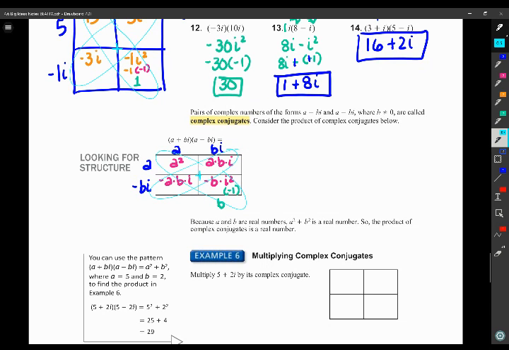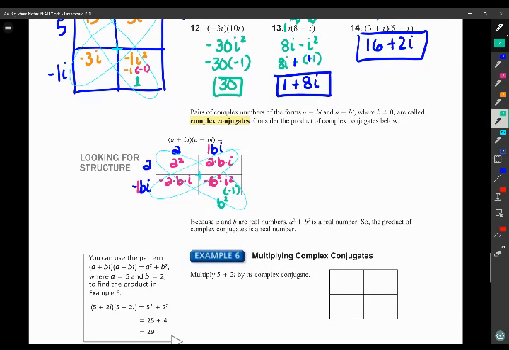I forgot to put a b squared here. So this is b squared. So negative 1, remember this is like a 1 and a 1, so negative 1 times 1 is negative 1. b times b is b squared. i times i is i squared. I just forgot the b squared part. So this little guy ends up being just a positive b squared.